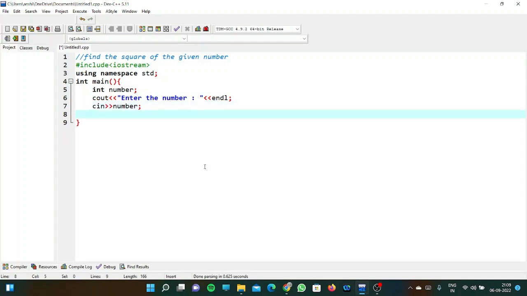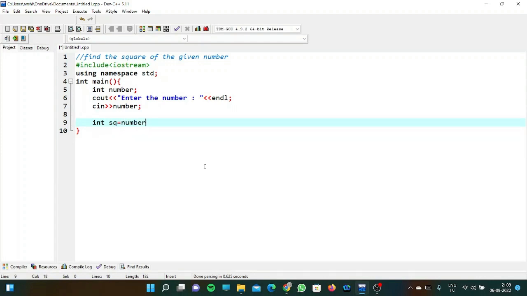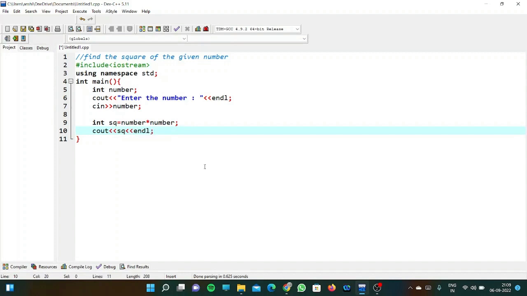So now here we have defined our number, a variable, as integer. We have taken the input from our user. Now we'll find out the square, that's number into number. Very easy. Now we'll cout square.